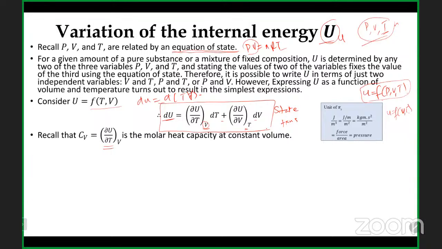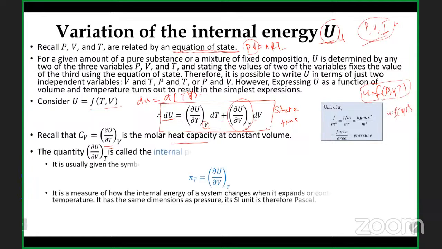Anyway, let's move on. (∂U/∂T) at constant V, we have already talked about that. That's the heat capacity at constant volume. What about (∂U/∂V) at constant T? This is called the internal pressure of a system, and it has the units of pressure. If you look at it, it's joule over meter cubed, and playing around you arrive at the unit of pressure.